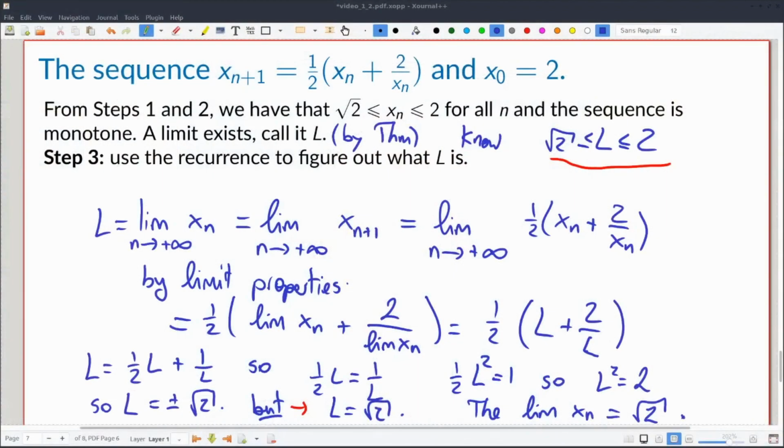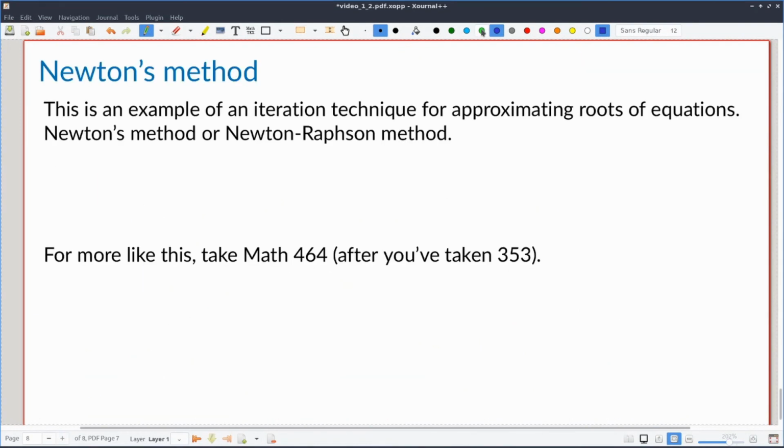Okay, good. This example that I gave you, I didn't pull it out of thin air. Instead, it actually comes from a larger class of examples, and I'm just going to throw out there, in case you're interested, what it's about. This is a special case of something called Newton's method, and that's a method for approximating roots of equations, especially of polynomials, and it's called Newton's method or the Newton-Raphson method.